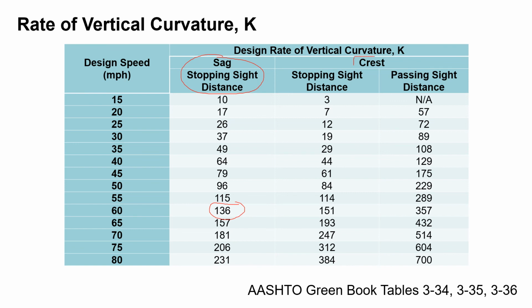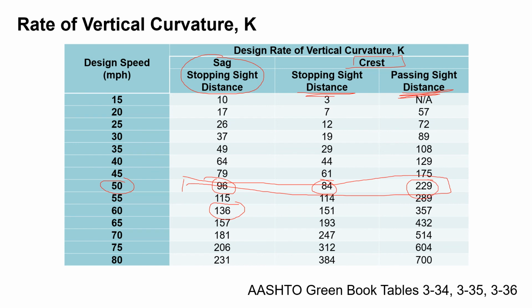Next, for our crest curves, we have either stopping sight distance or passing sight distance. The K's vary tremendously, so it is very important to know which type of curve we have. For instance, there are 3 different K values here for a 50 mile/hour design speed: 96 for sag stopping sight distance, 84 for stopping sight distance on a crest, and 229 for passing sight distance on a crest curve.